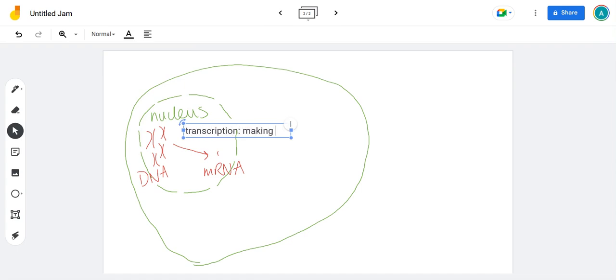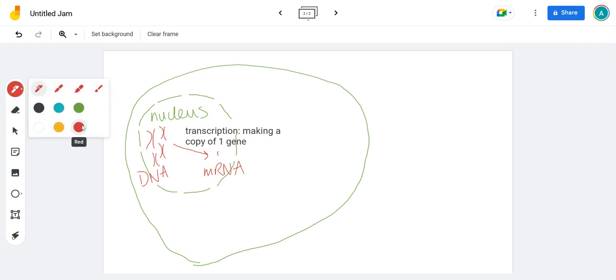So it's making a copy of one gene. And that copy is in the form of this little tiny mRNA molecule. And that transcription happens in the nucleus. Now that little mRNA molecule, as you can see, is much, much smaller than the DNA was, because the DNA was your whole genome, massive, massive molecules, whereas this is just a copy of one gene.